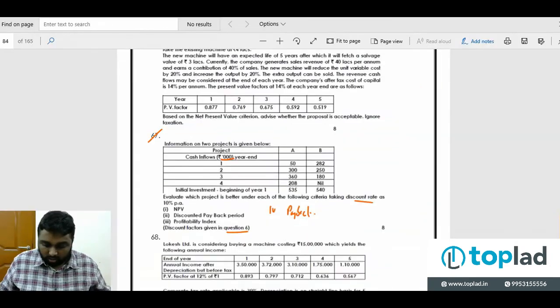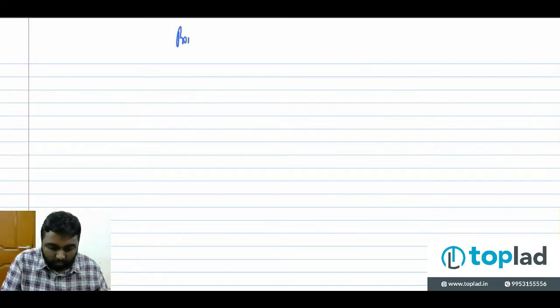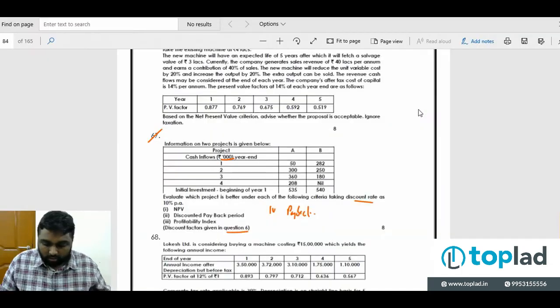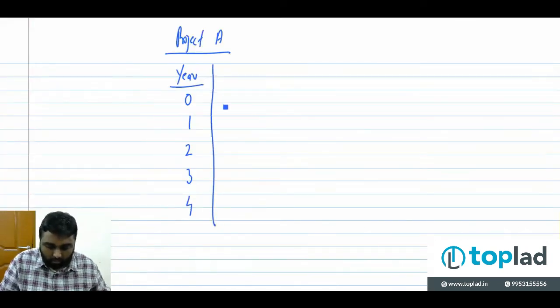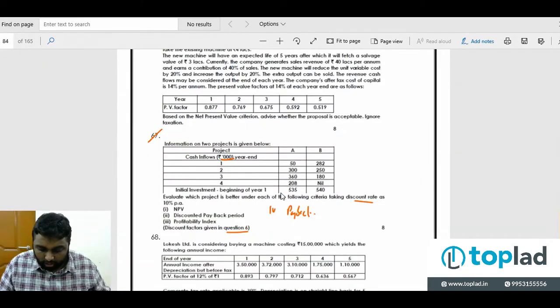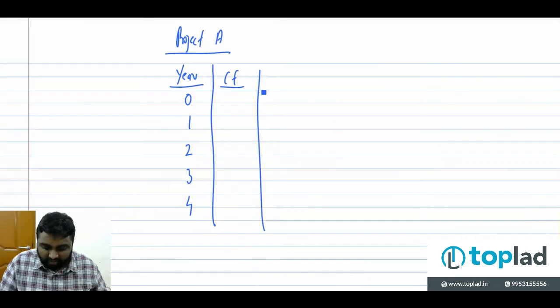So we will have project A. Year 0, 1, 2, 3, 4. Rupees in 1000 common only. So 535.